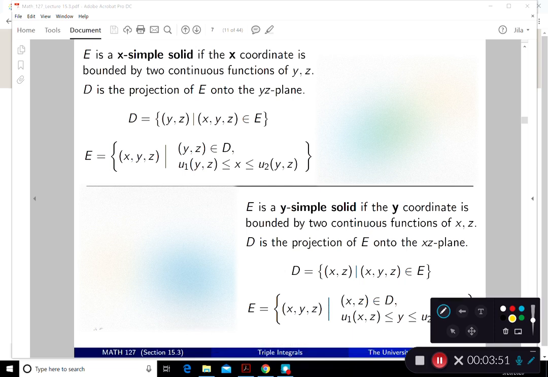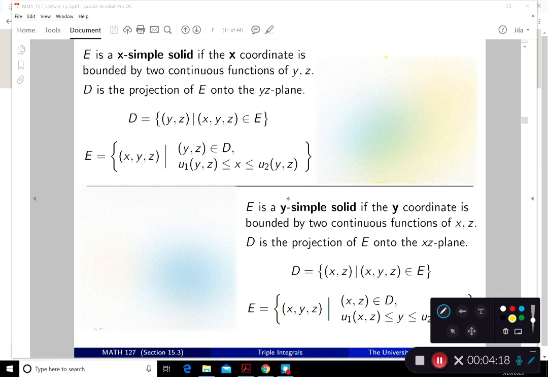And so x equal to u1 of y and z is the lower bound, and x equal to u2 of y and z is the upper bound, the two elementary functions there. Again, you want to find the projection over the plane that contains the other two axes, which would be in this case y and z. And that domain helps you set up the outer integral.